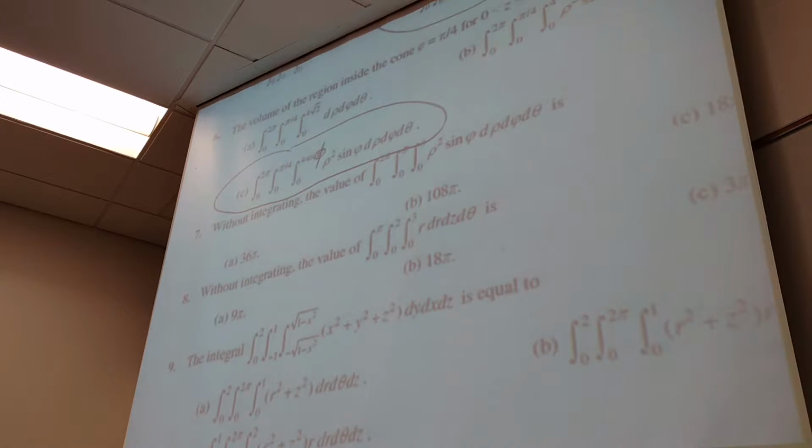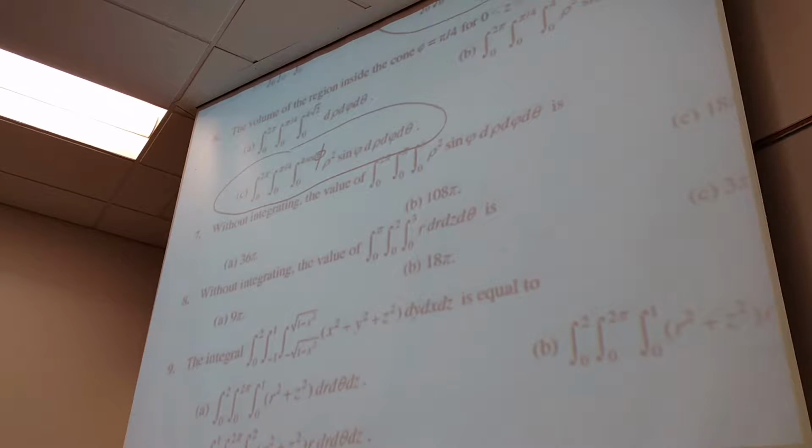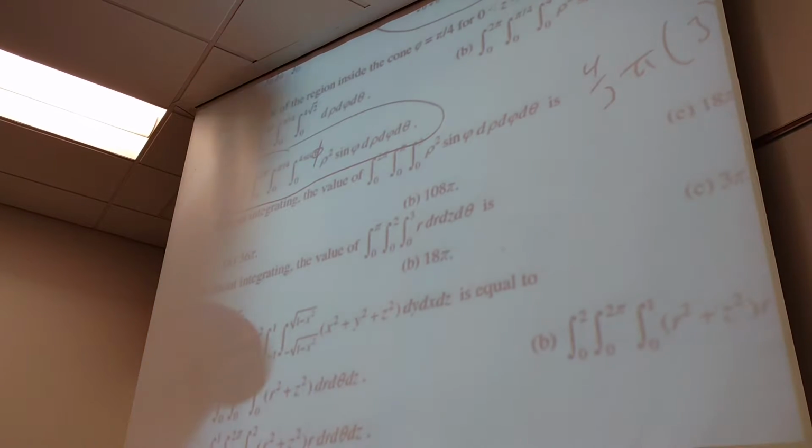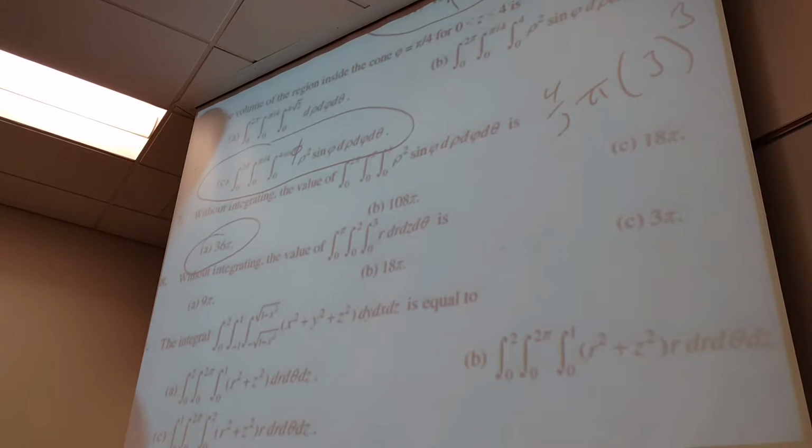So it's all the way 0 to pi, all the way 0 to 2 pi, and then 0 to 3, it's just the sphere of radius 3. And what's the volume formula for a sphere? 4/3 pi r cubed. Good. So then you just have to do 4/3 pi times 3 cubed. So it'll be 36 pi. Right? 36 pi.